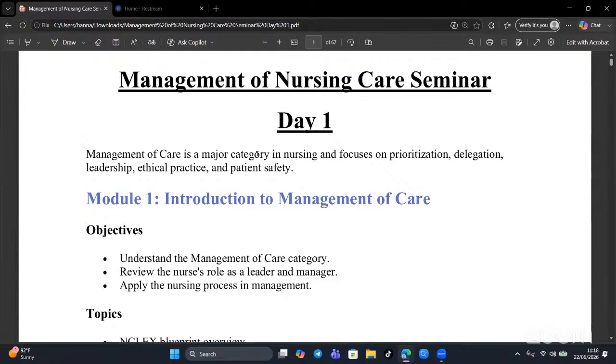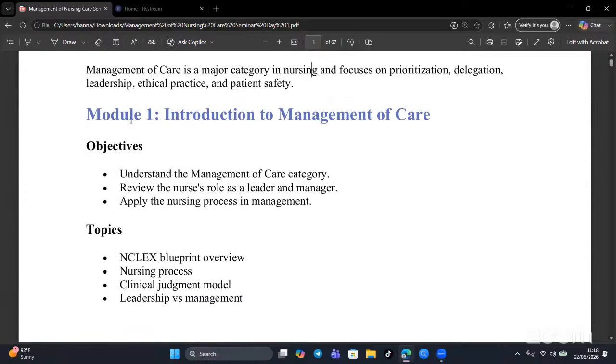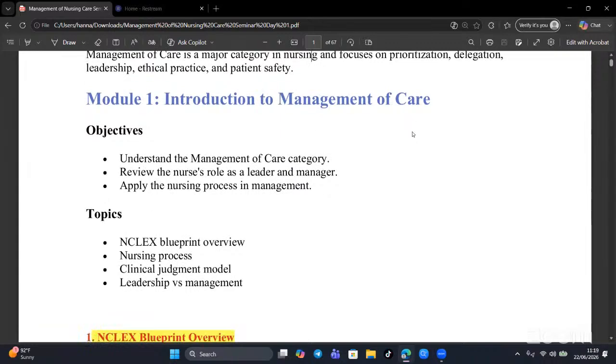This is a major category in nursing. Nursing management of care is a major category in nursing and focuses on prioritization, delegation, leadership, ethical practice, and patient safety. Like I said, we are going to do modules. In module one, we'll talk about the introduction to management of care.